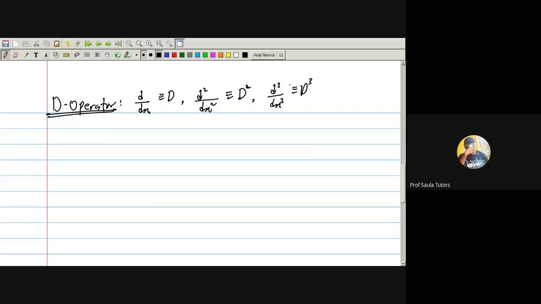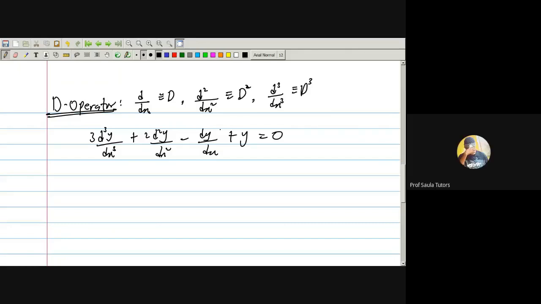Look at this differential equation now. Let me say I have 3 d cubed y over dx cubed plus 2 d squared y over dx squared minus dy/dx plus y equals 0.